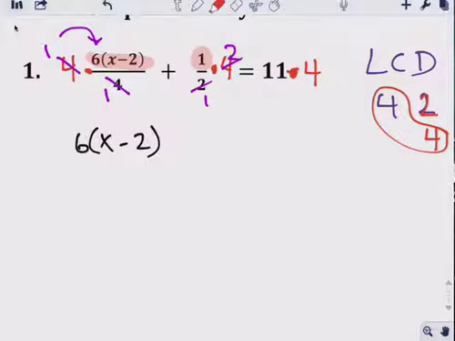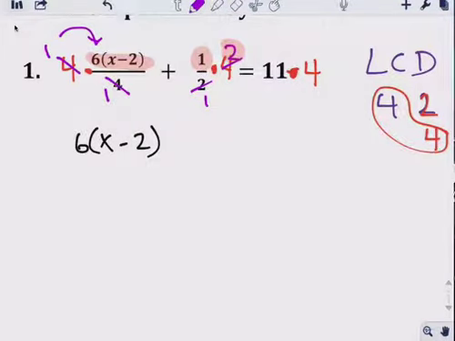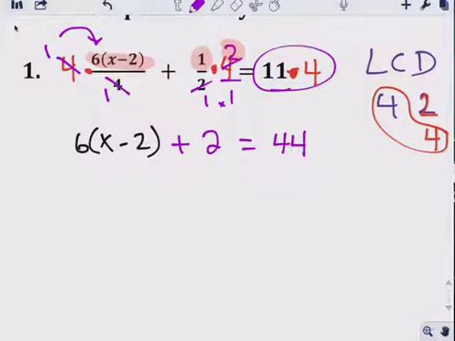And a 1 times a 2 leaves you 2 over 1, which is 2. A plus right there, and that's a 44. Okay? Because 11 times 4 is 44. Alrighty?